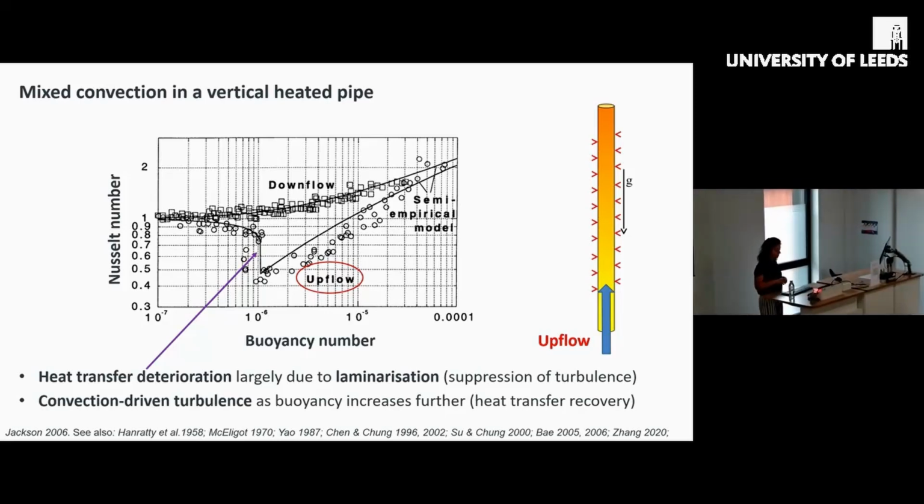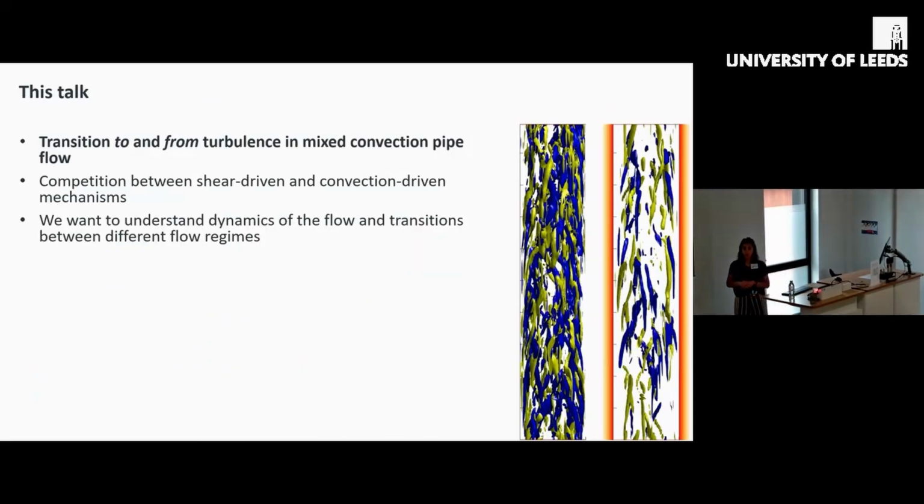So this is the general picture that has been drawn, but there are still several open questions that we want to try to address. And in particular, we want to focus on the dynamical characteristics of the flow and transition between different flow regimes, because we have this competition between shear-driven and convection-driven mechanisms that affect the flow, and then this also will affect the heat transfer.